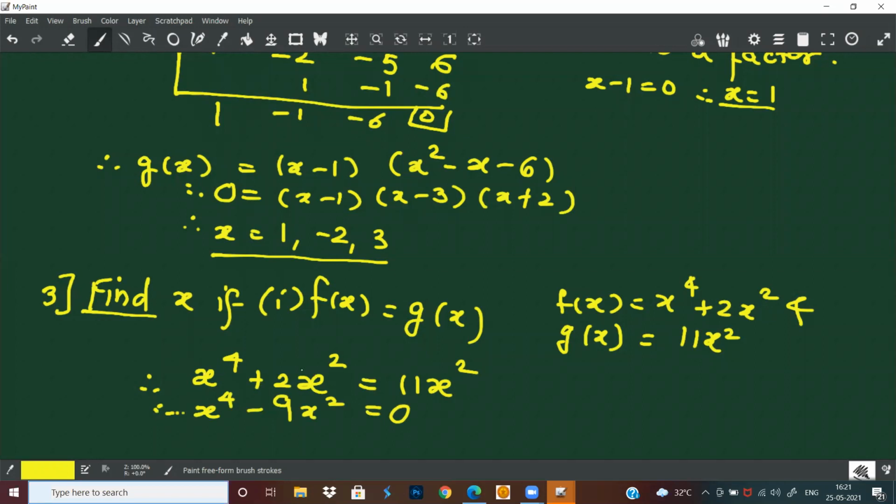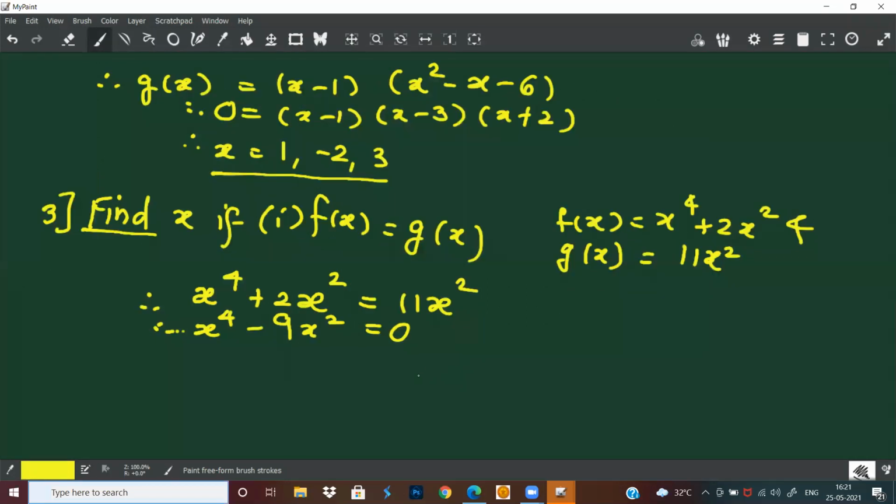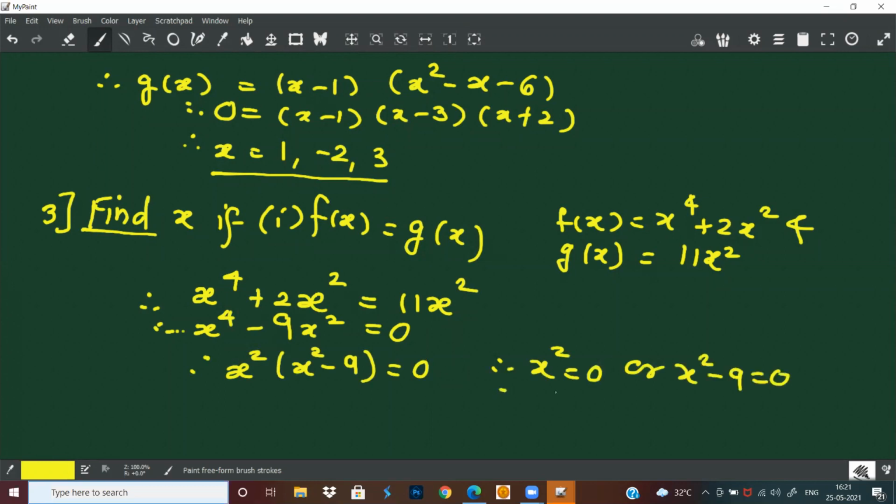You should be taking x square common. X square is 9, then x is plus or minus 3. So you will have 3 values, 0, 3 and minus 3. Correct?